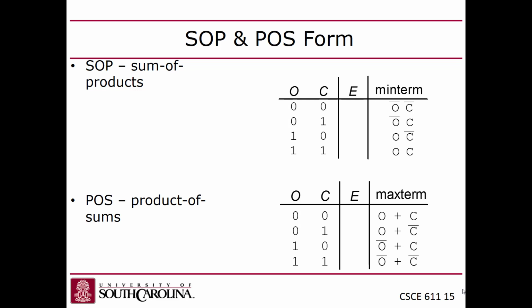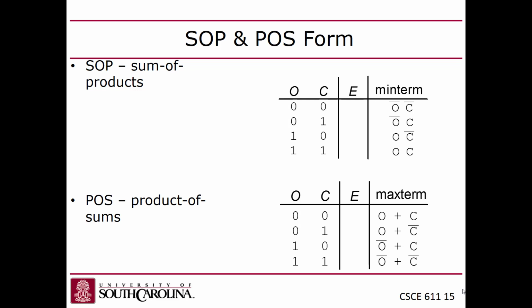But there's this additional detail with max terms in that each of the literals is inverted with respect to the input. So notice the max term is O plus C. O and C are not complemented. I say inverted, but I mean complemented, it's the same thing. O and C are not complemented, but yet they are zeros here, right? Make sense?